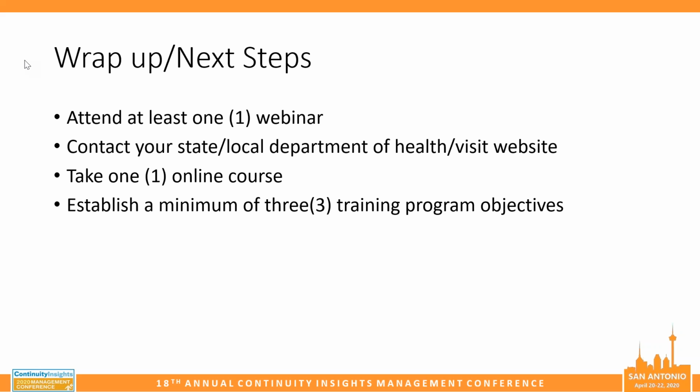Another objective might be to update your training program to cover health emergencies and pandemic planning. Now, I think that would be very appropriate given the season we're in. For example, if you are in the business continuity arena, one of the objectives that you should have as an individual is competence.